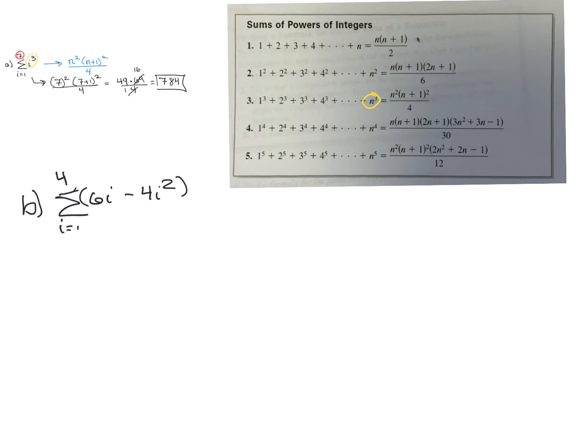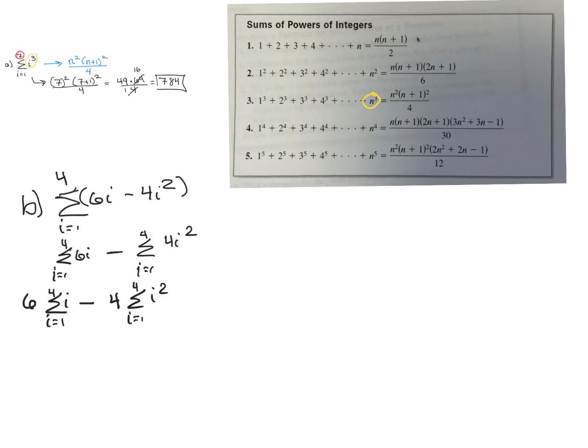Okay, so we can use some properties of sigma notation to break this apart. So first thing I can do is I can write this as the sum of i equals 1 to 4 of 6i minus the sum as i equals 1 to 4 of 4i squared. Can break it into two sums. I can also push that coefficient in the front. So 6 times the sum of i equals 1 to 4 of i minus 4 times the sum of i equals 1 to 4 of i squared.